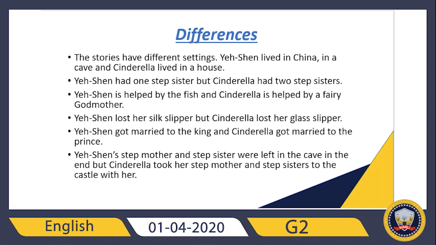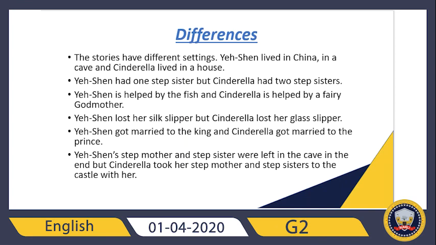Yi Shen lost her silk slipper, but Cinderella lost her glass slipper. Yi Shen got married to the king. So Yi Shen has gotten married to the king and Cinderella got married to the prince. Yi Shen's stepmother and stepsister were left in the cave in the end, but Cinderella took her stepmother and stepsisters to the castle with her.